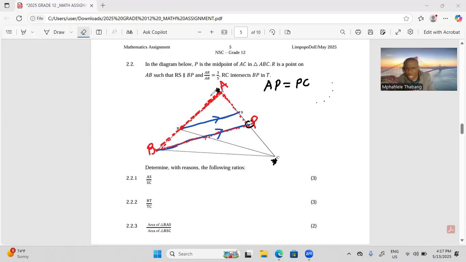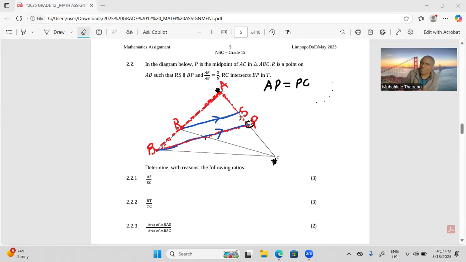But I want to take your attention to the side BP. And also look at this line RS. Pay attention to the side BP and look at the line RS. The line RS is parallel to one side of a triangle. I said a triangle has got three sides. The line RS is parallel to the side BP on triangle ABP.